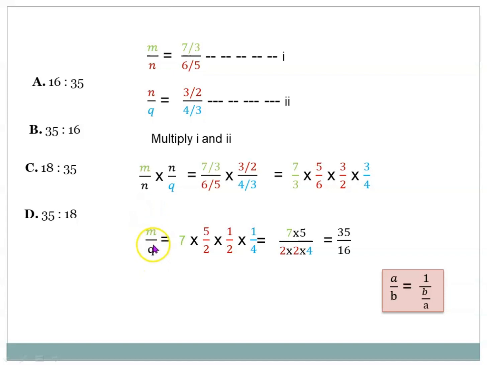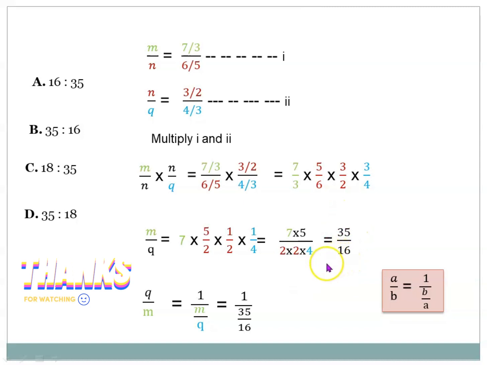When we apply that here, taking the reciprocal, it becomes q over m, which is 1 over ratio m to q. That is the same as 1 over 35 ratio 16, the reciprocal of 35 ratio 16, and that will be equal to 16 over 35.